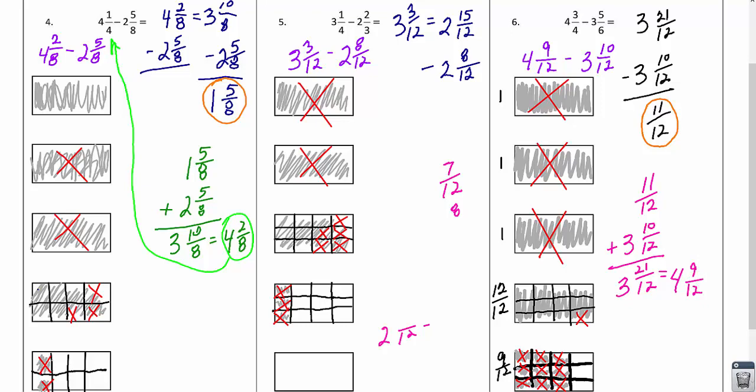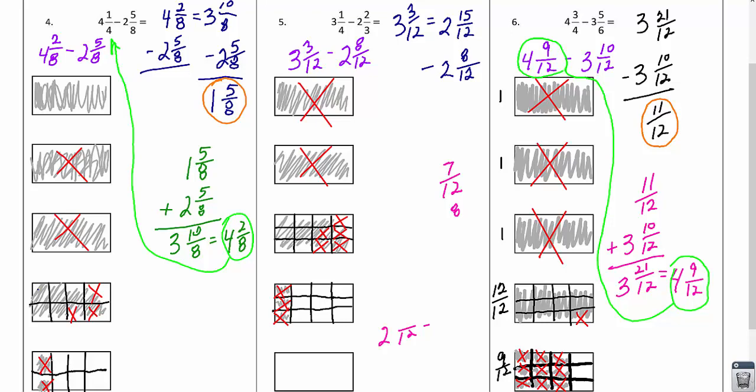And that 4 and 9/12 is exactly what we had when we did our common denominator mixed number at the beginning of this problem. All right, so there you go. That is how you do subtracting mixed numbers when you need to borrow some or rename. Renaming is the term we use.